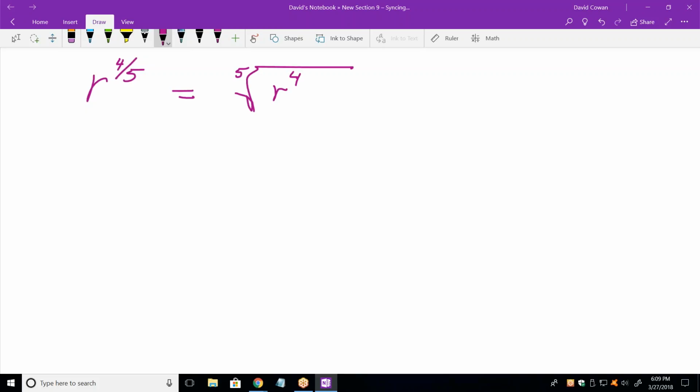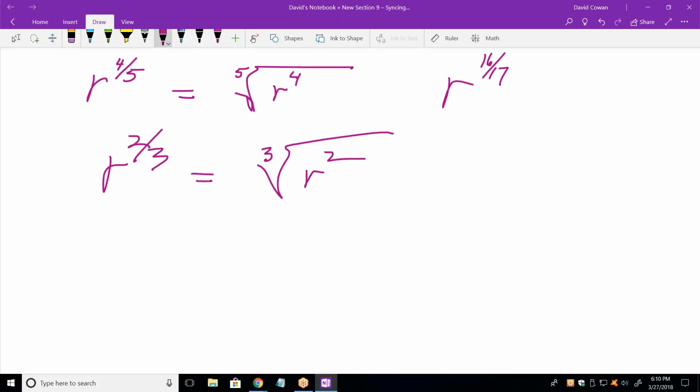If I had r to the 2/3, then I would be talking about the cube root of r squared. It's that straightforward. Whenever you see a fractional exponent, that's what it means. It doesn't matter. If I had r to the 16/17, that is the 17th root of r to the 16th power.